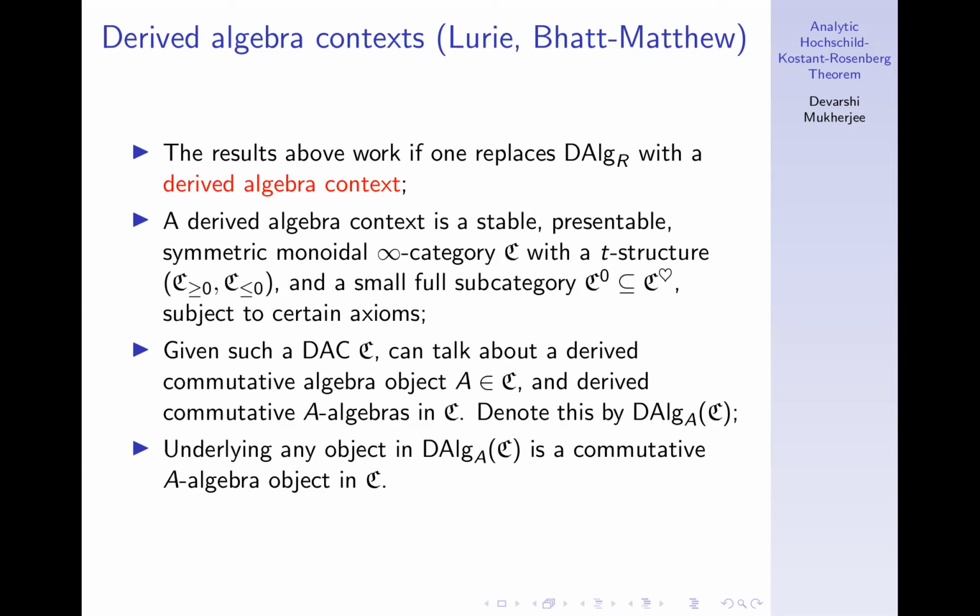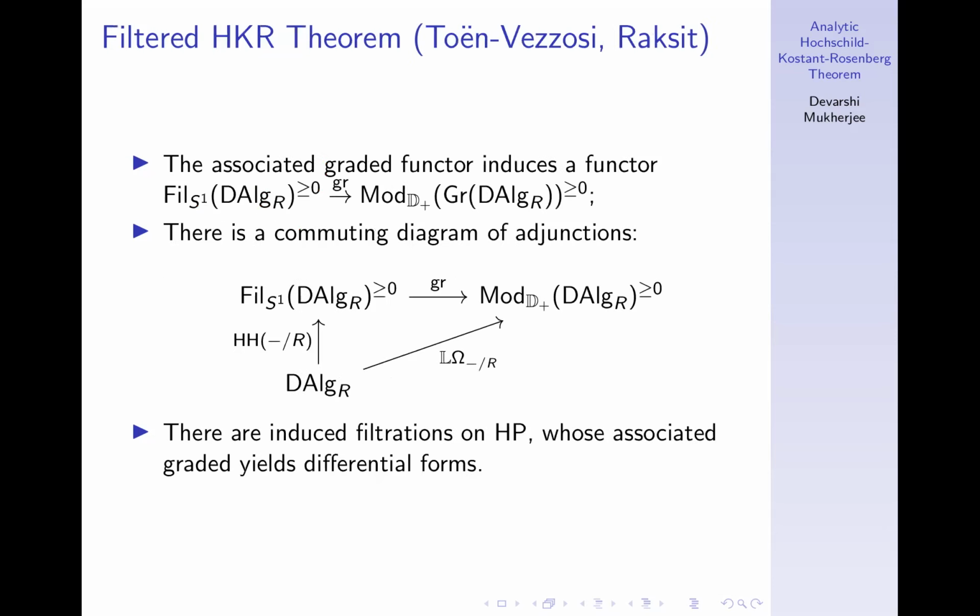In any such context, one can talk about a derived commutative algebra object. For any such object, you can again define things like Hochschild homology, you can talk about derived de Rham cohomology, and you still have this commuting diagram of adjunctions, even if you replace derived algebras over R by any derived algebra object inside some derived algebraic context.